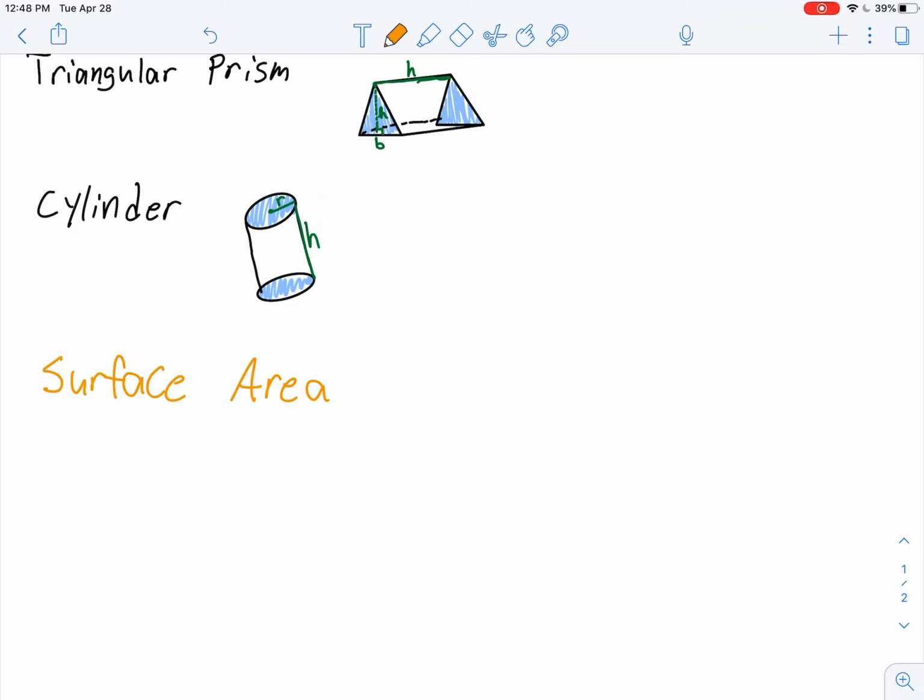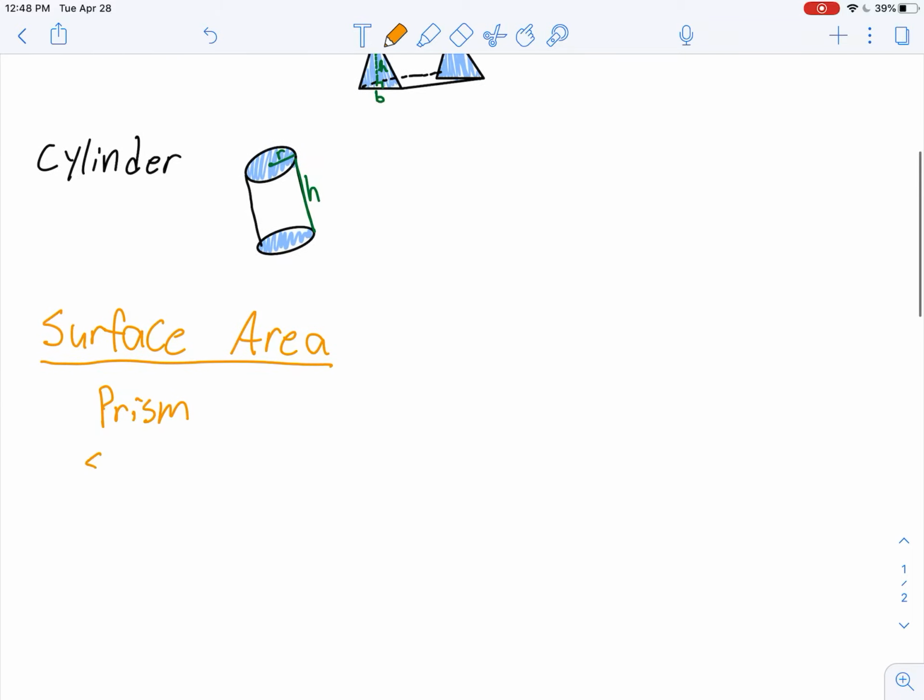We are given two formulas, one for a prism, one for a cylinder. So the prism formula is S equals capital P times our height plus 2 times a capital B.